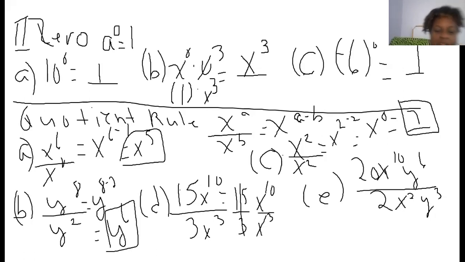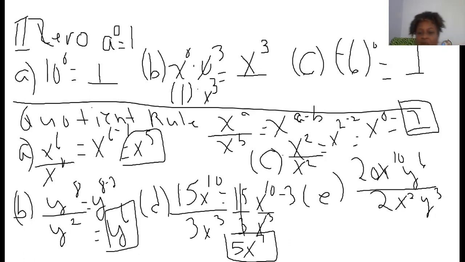So right away, the 15 and 3 will become 5. And the subtraction will occur here with 10 being the higher exponent. Then we will do 10 minus 3, and that result will be x to the 7th. Final answer, 5x to the 7th.